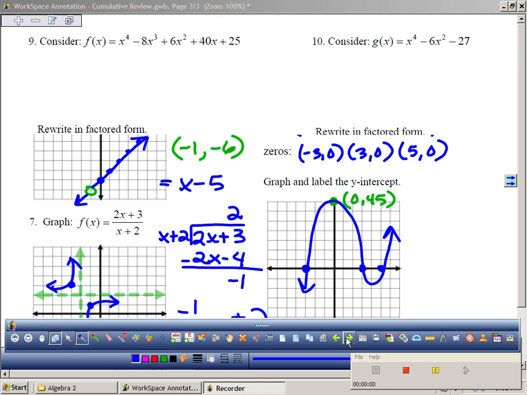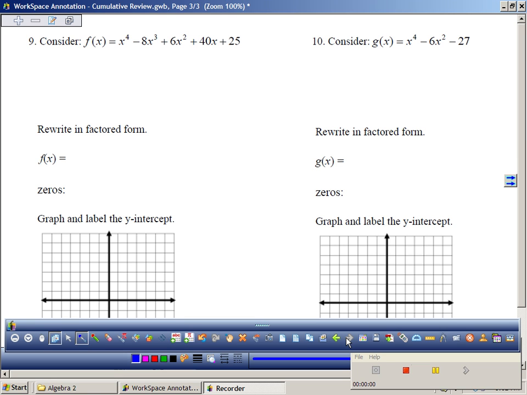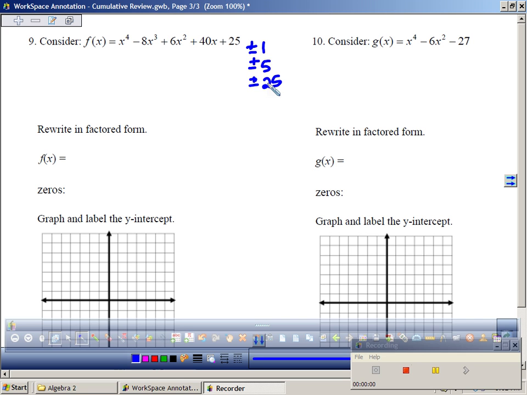So that's that one. This one, I have to consider plus or minus 1, plus or minus 5, or plus or minus 25. I think what we did was 5.